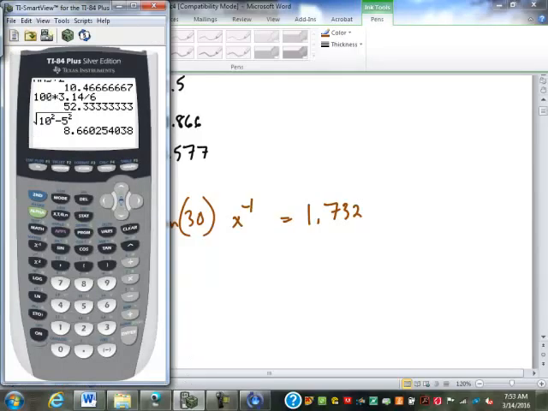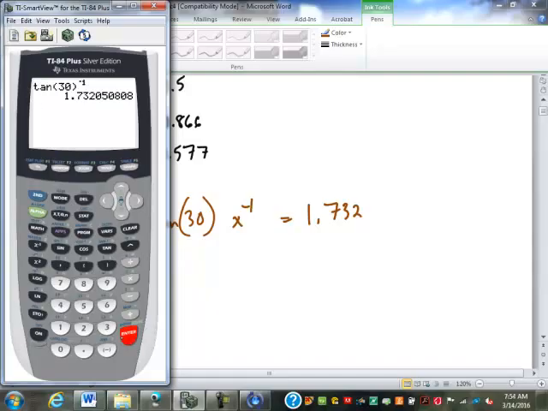So on your calculator, you're going to do tangent 30, close your parentheses, and then hit your reciprocal key. Did it work? On yours, Richard, you do tangent 30, close parentheses, then you get that 1 over x, or 1 over box key.